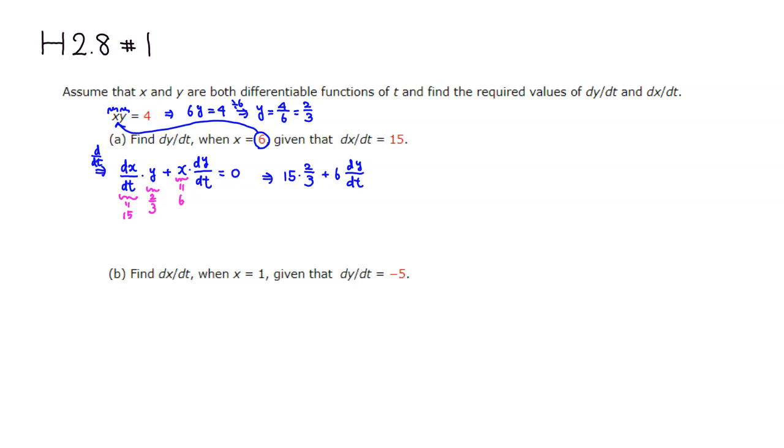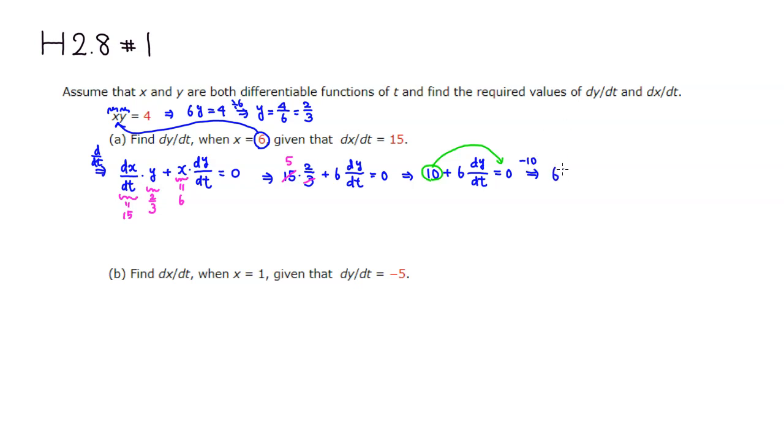Then 3 and 15 cancel out, so we get 5, and this is equal to 0. So 2 times 5 is 10, plus 6 dy over dt is equal to 0. Then I'm going to move 10 over to the other side by subtracting 10.